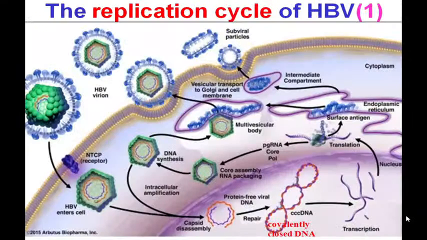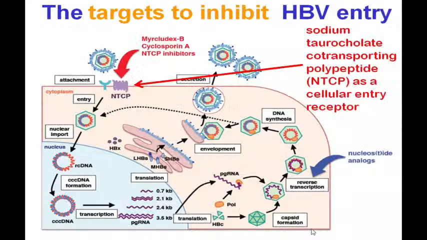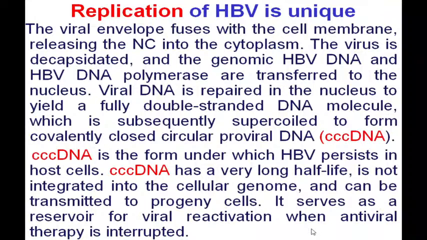And while they occur in a non-integrated state, it is believed that cccDNA molecules can be transported to the neighboring cells for infection. So they can be infectious if they are transmitted directly to the neighboring cells.